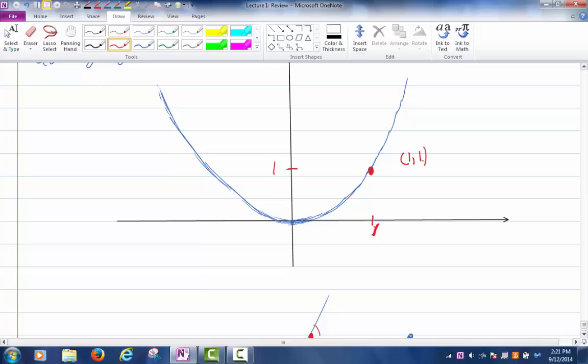So how do I come up with that? Well, what we are going to do is pick an arbitrary point on the curve, so for any t. So let's pick this point here.